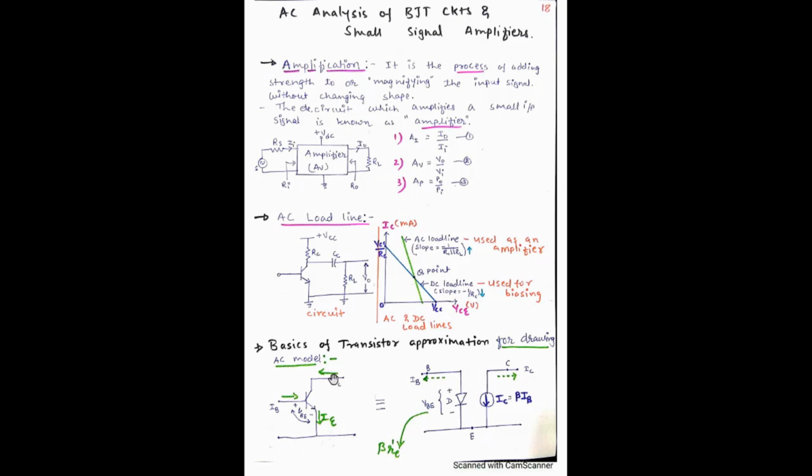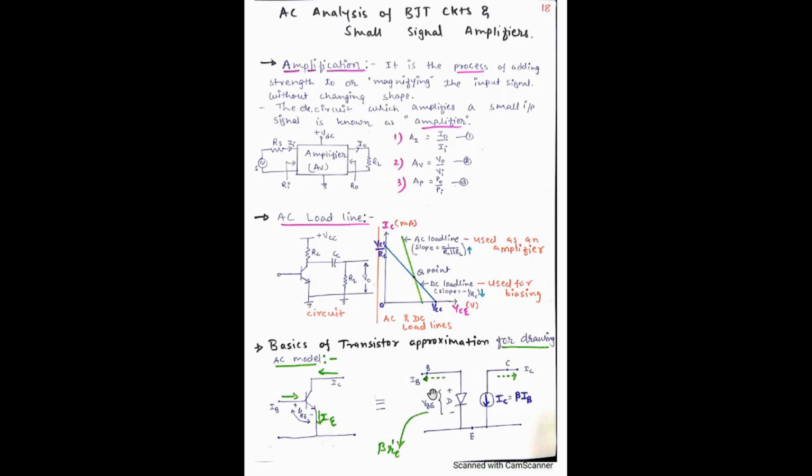So we can easily correlate with the CE output characteristic that IC will be a current source. So on the input side I have drawn a diode and on the output side a current source IC, and we all know IC is equal to beta IB. So this is the equivalent circuit of the transistor, or assumption model in the shape of pi or inverted pi.